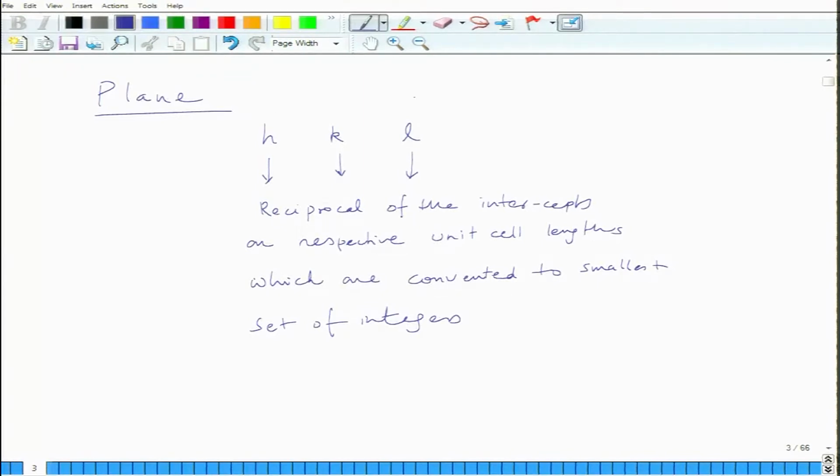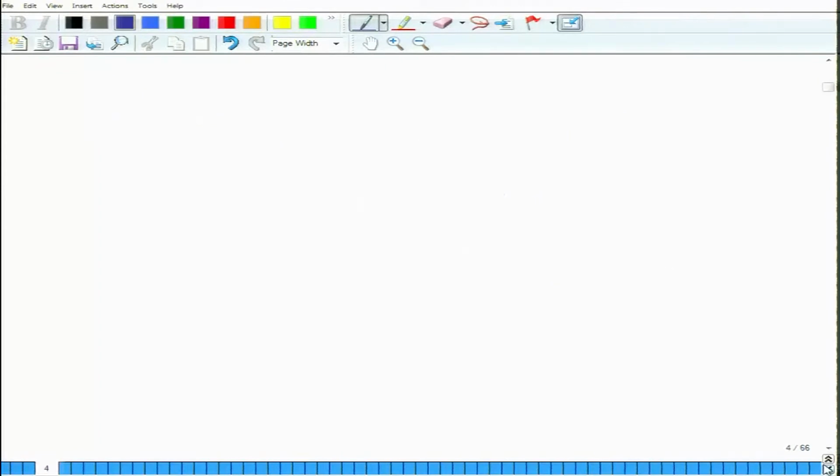So, H, K, L all three are integers. They can be positive as well as negative. So, I will just go through some more descriptions of HKL in a unit cell.